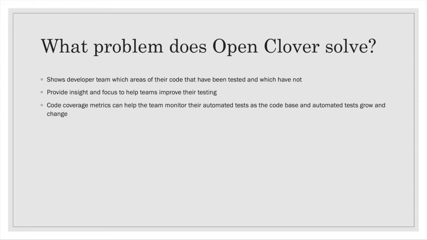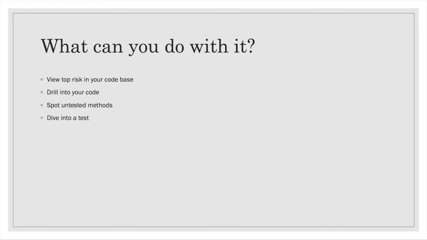These help the team, of course, to know, and as maybe a Scrum Master or project lead, you will know where to concentrate and what to do. Those are some of the advantages of what OpenClover solves.